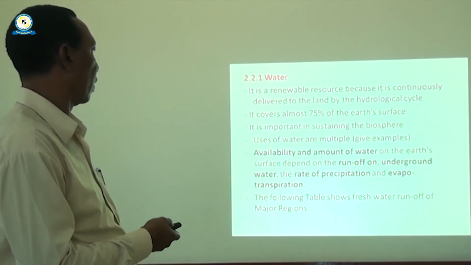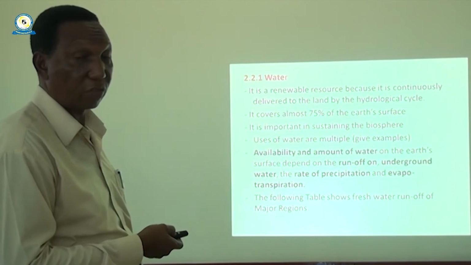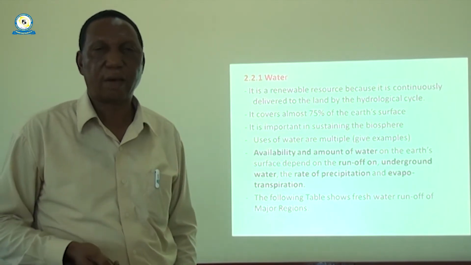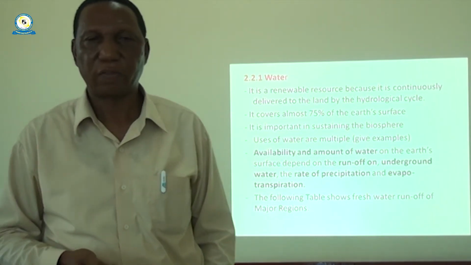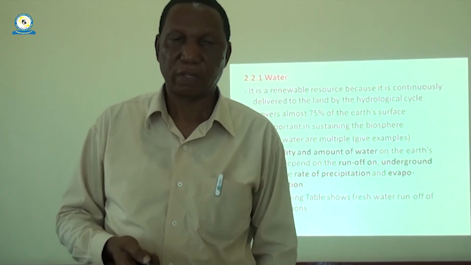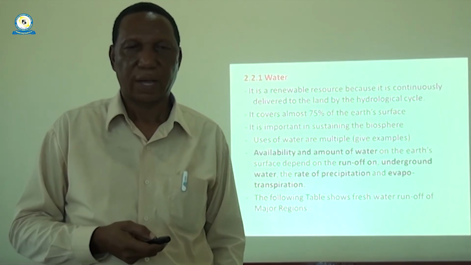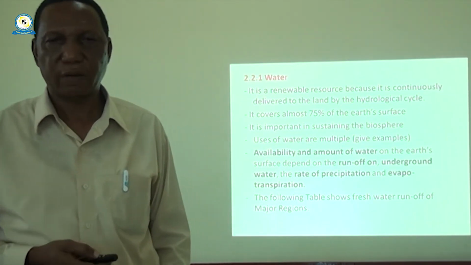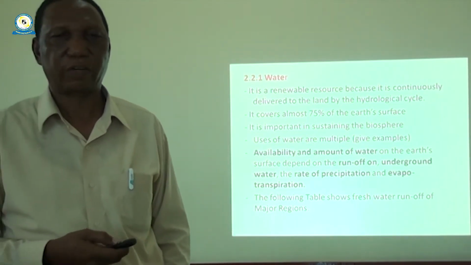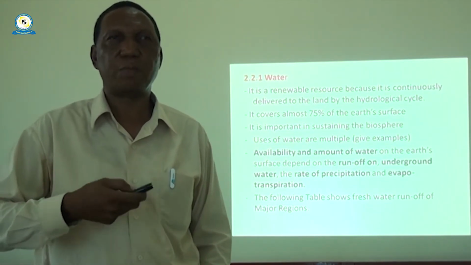And I repeat, this is very important. Availability and the amount of water on the Earth's surface depends on the runoff, on the groundwater, and the rate of precipitation, and evapotranspiration. These work in combination.